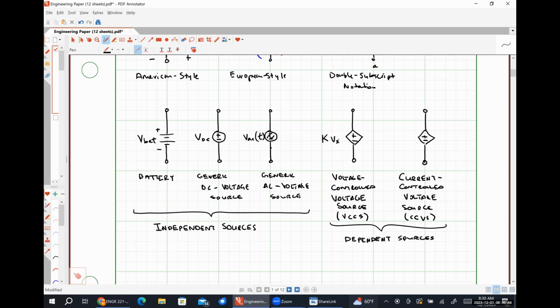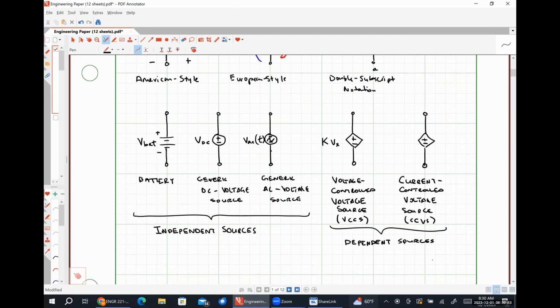So Vx is a controlling variable, and then K is a scaling factor, okay? And this scaling factor K in a voltage-controlled voltage source has units of volts per volt or unitless, right? So we're taking some input voltage Vx and we're outputting some scaled version of Vx where that scaling factor K tells us how much of Vx we actually get.